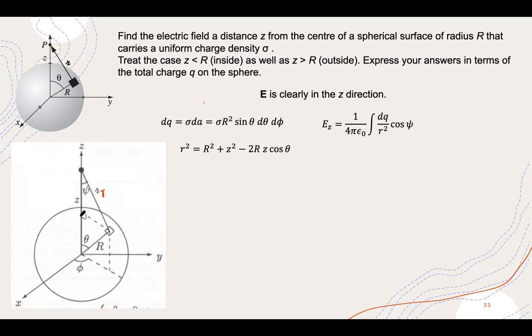From this triangle, we can find cos psi very easily. And cos psi is given as z minus R cos theta divided by r. So how can we do this? You can see here, if I draw this perpendicular line over this z axis, then this distance is nothing but R cos theta, because you see this is perpendicular, right? In this triangle, in front of this theta, whatever line is there is called perpendicular.